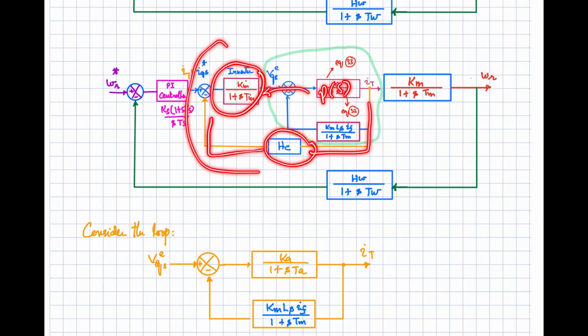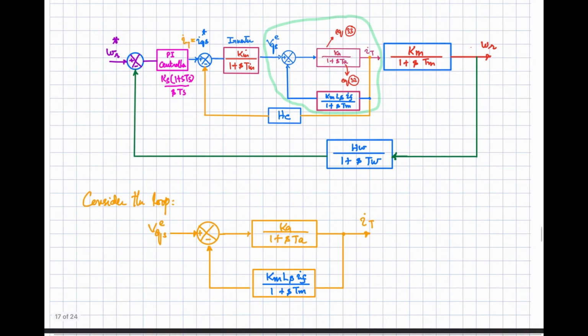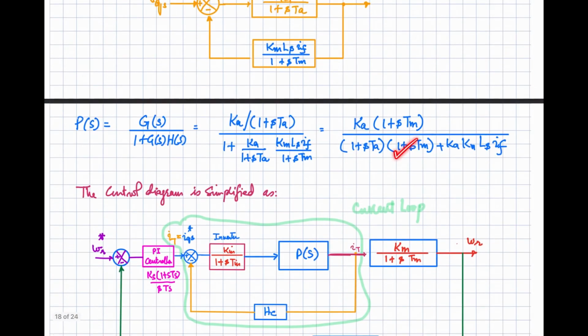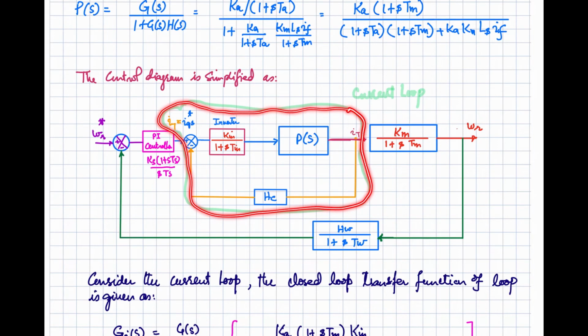So now we are going to target this loop now, right? This one, and in that we are going to say this one is the P of S that is evaluated with the help of this expression. Okay, so now we can represent our control diagram like that we have P of S, the inverter part, and the current feedback. So now we can say this current loop can be further simplified and can be represented by a simple transfer function.